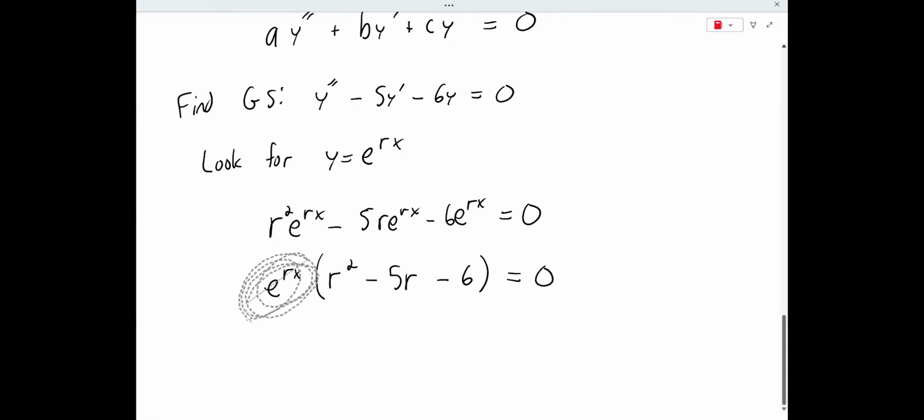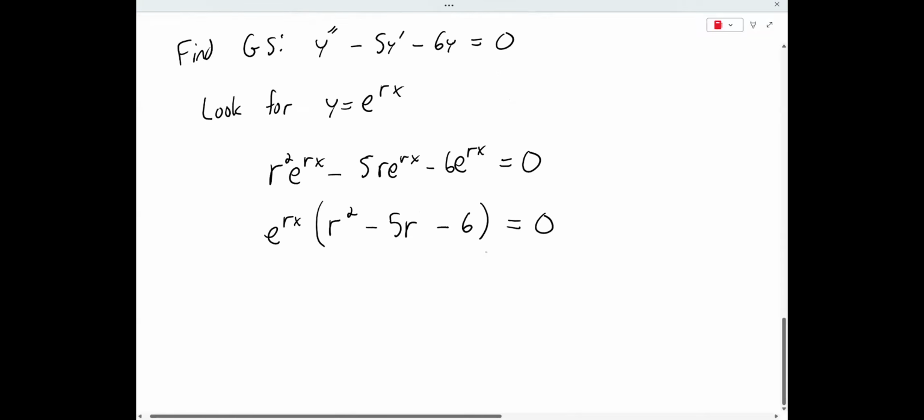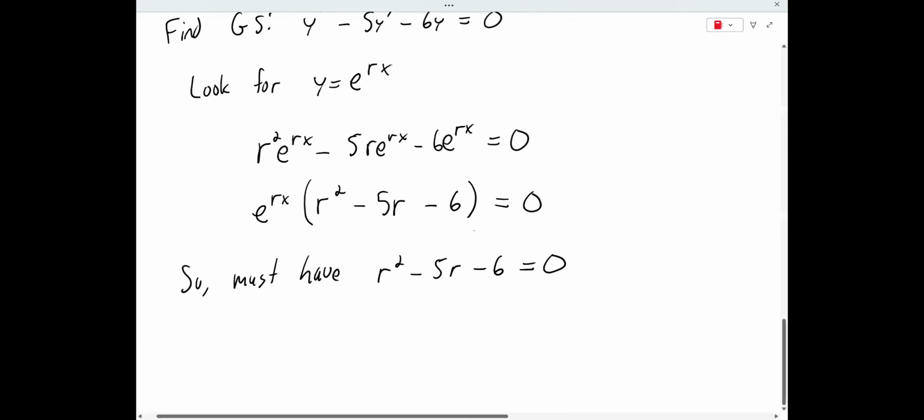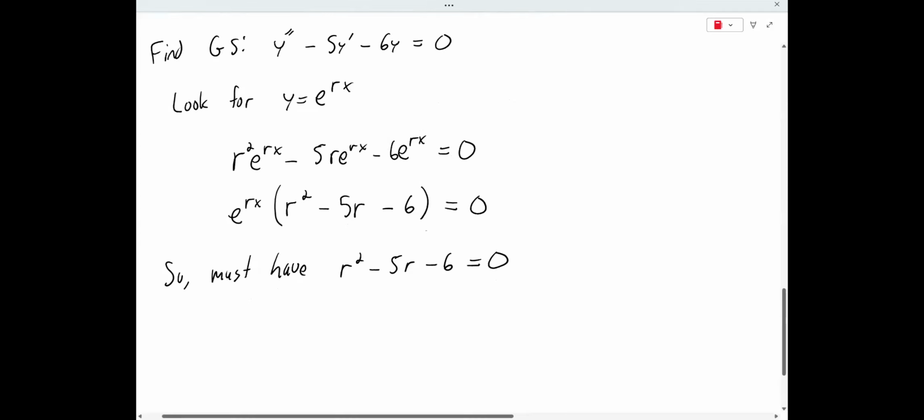So the only way this can work out is as long as this other factor is 0. If this is 0, then the product's 0. So we must have r squared minus 5r minus 6 equals 0.